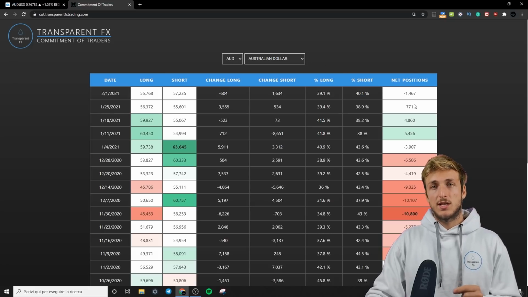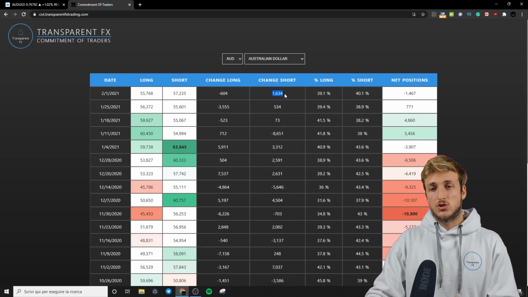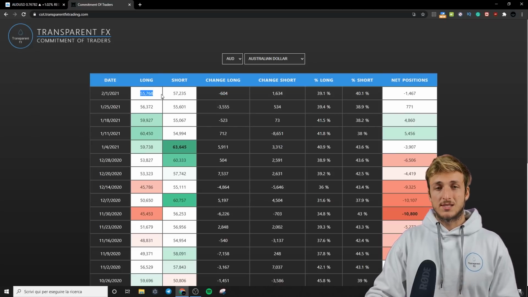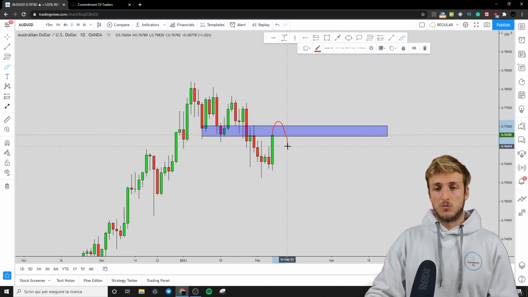What we can see is that with the last reports, we went from having 5.4k net positions all the way down to having minus 1.4k net positions, so a strong decrease of the net positioning, with the last report showing 1.6k shorts added on the AUD and 600 longs getting closed, reaching 57.2k short positions and only 55.7k longs. So the AUD is getting quite weak, which is exactly what we wanted to see, because we want to see the market complete this W formation at the neckline.